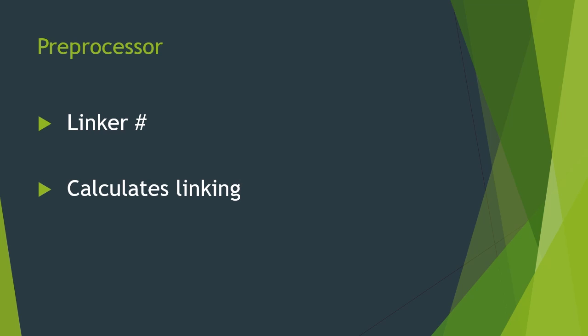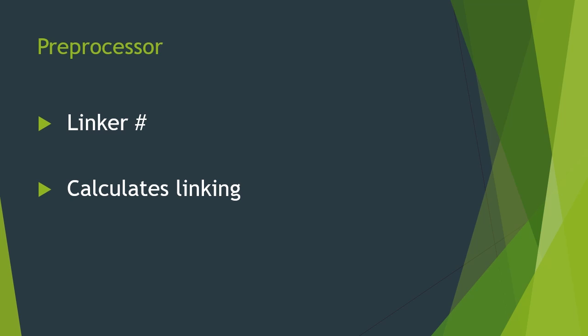But the preprocessor calculates linking, so it checks to see, in this document you have included another document. Say we have a document called main.cpp. It's the main document of the C++ program, and there you have included a string document with functions for strings.